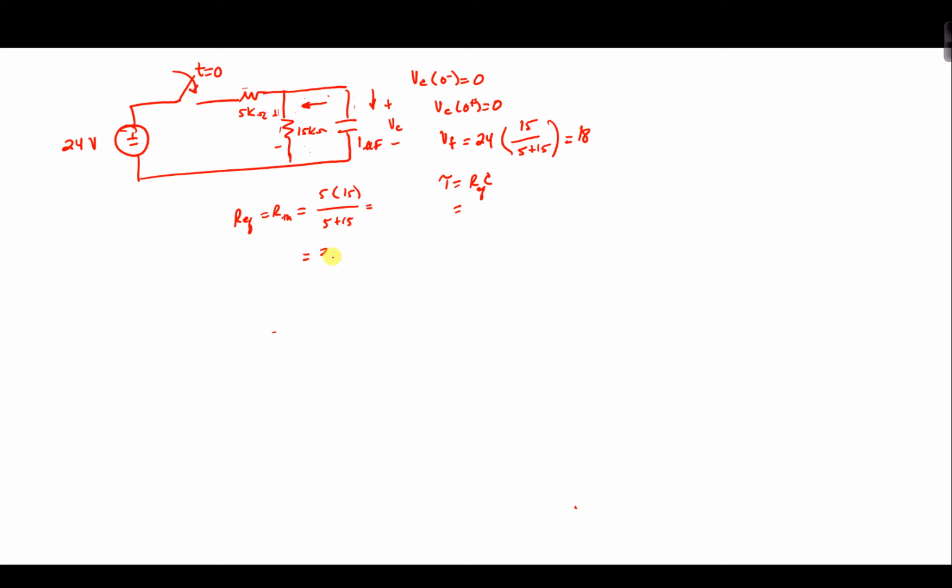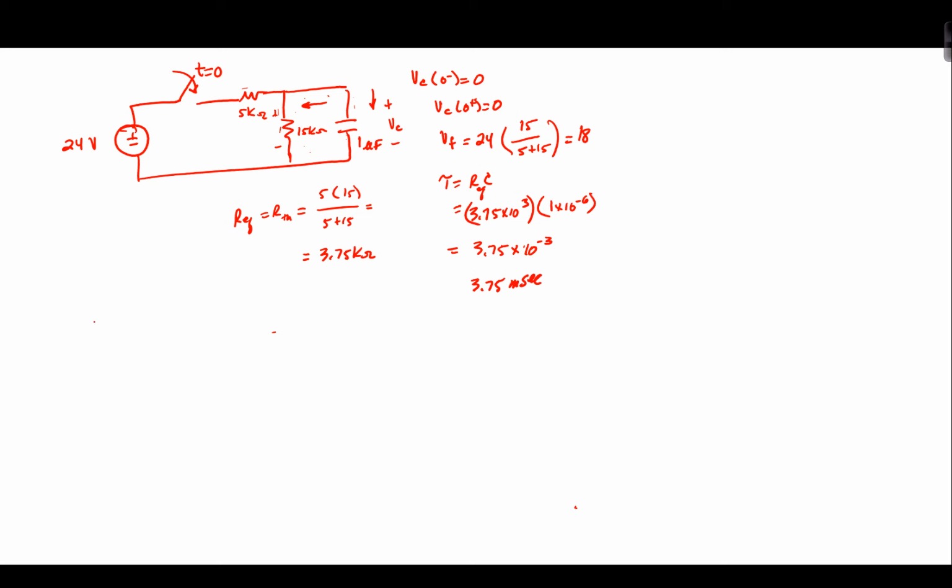Write it down here, 3.75 kiloohms. So tau then is going to be 3.75 times 10 to the third, that's the value of R, times C, which is 1 times 10 to the minus sixth. Our tau then is 3.75 times 10 to the minus third, or 3.75 milliseconds.